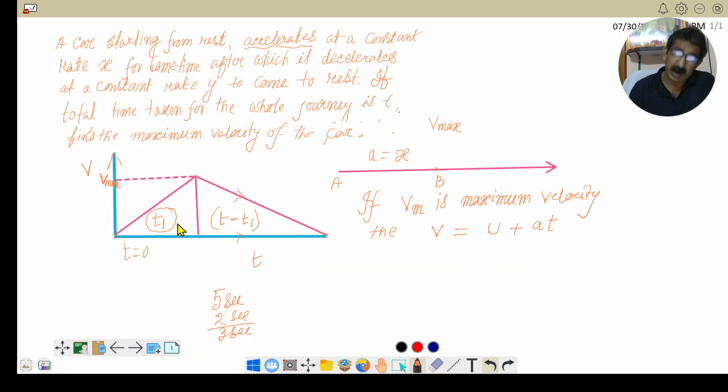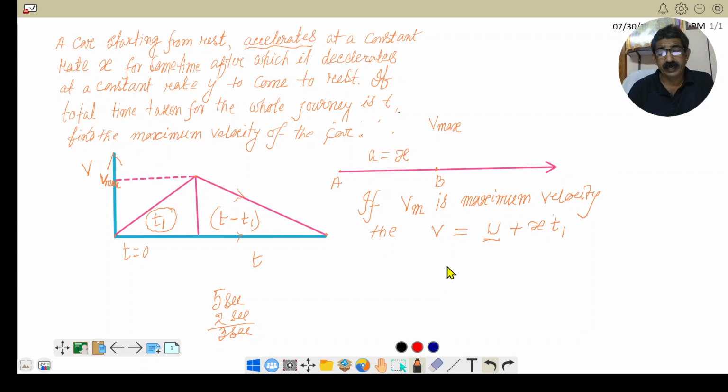Here T means T1. And in place of a, the acceleration is given as x. So U plus x into T1. But the car starts from rest. That means the initial velocity U is equal to 0.